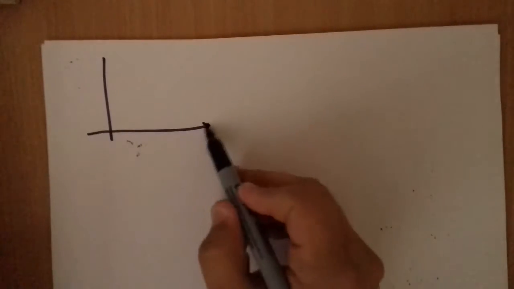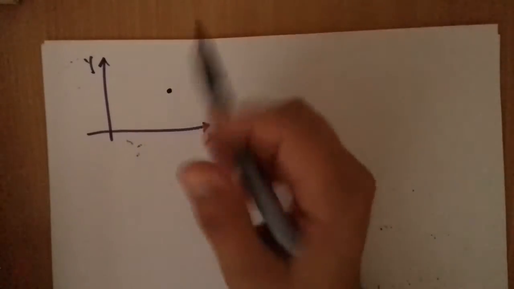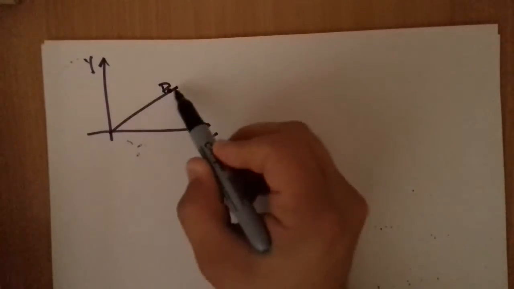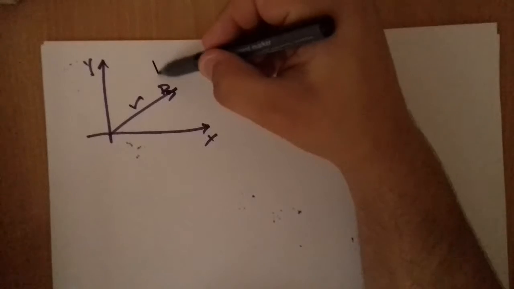But in order to find the velocity, I'm going to use a different method. So this is x, this is y, this is point P, and for example, this is r. But now I'm going to introduce the new coordinates here.